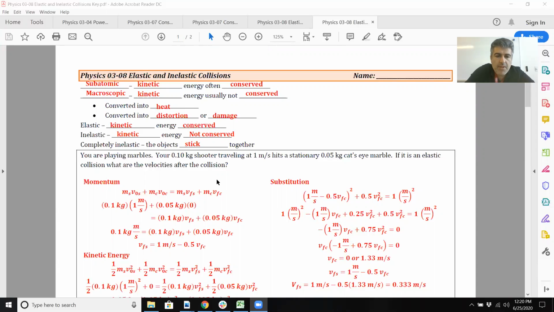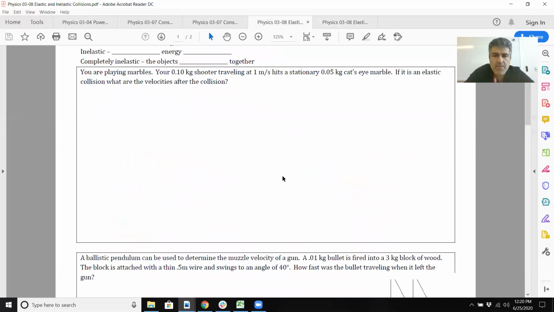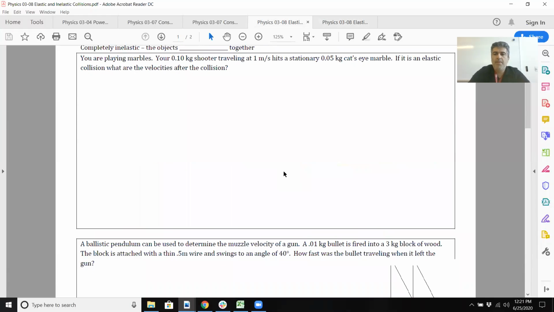So let's actually work this out. What you're going to do is set up two different conservation equations, momentum and kinetic energy. So let's do this from scratch, so you guys see this all done in real time. So you're going to set up two different formulas here.